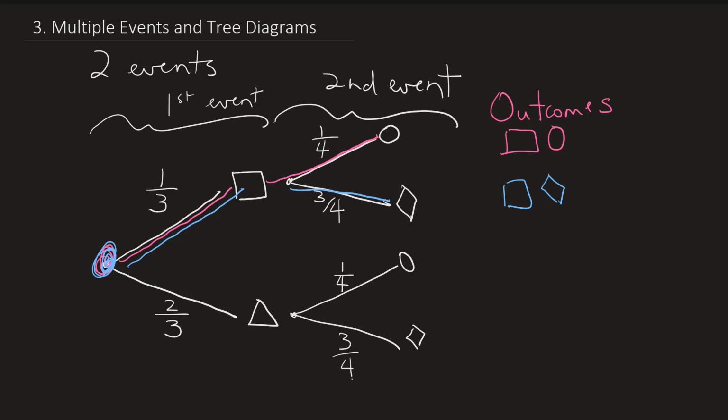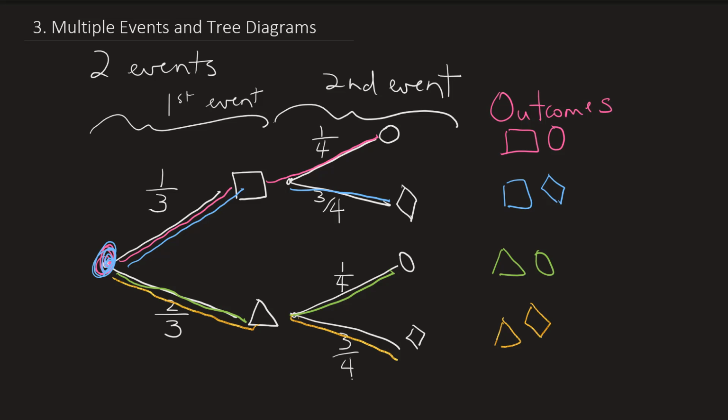Now I'm going to move to the second outcome of the first event, and it's this one here that I'm going to do in green. So I'll travel along here, pick up this triangle, and then move up here so that I have a triangle and a circle. And the last one, again, let me move along here so I have a triangle and then a diamond.